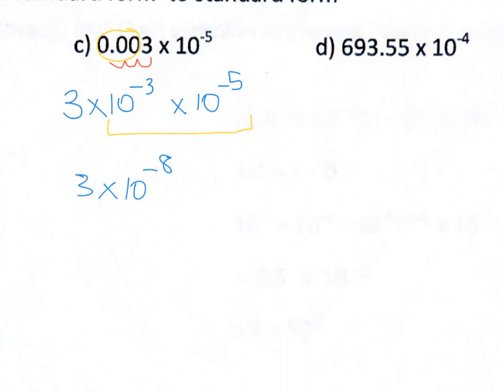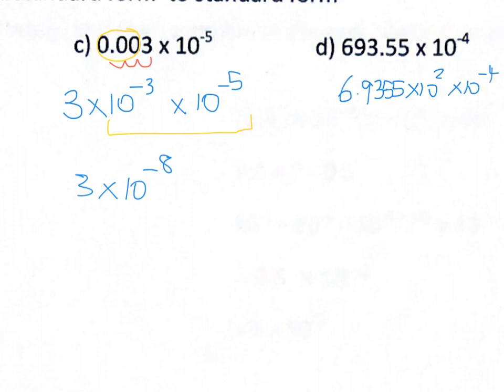For example D, what we can see is that the number part is not in standard form because it's greater than 10. So we need to express that as 6.9355 times 10 squared times 10 to the minus 4.